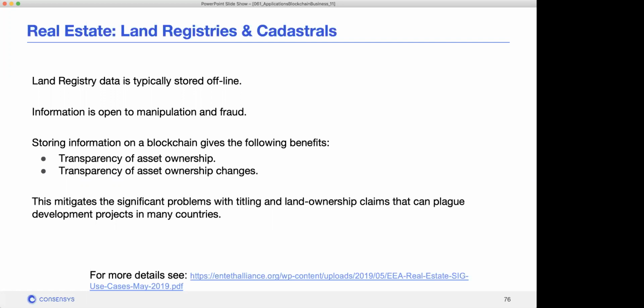If you do a web search, you'll find lots of cases of people who've had their land taken from under them by fraud. So it mitigates significant problems that have plagued developing countries where people's land is stolen from them.